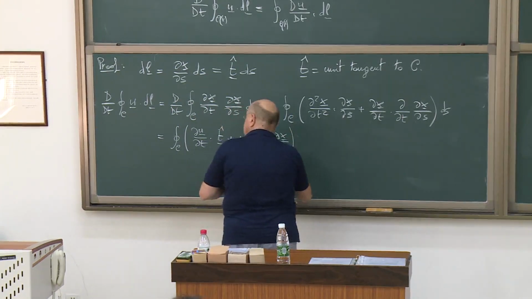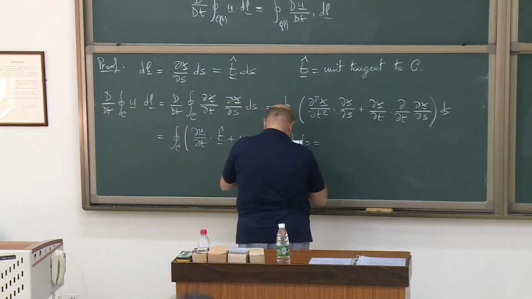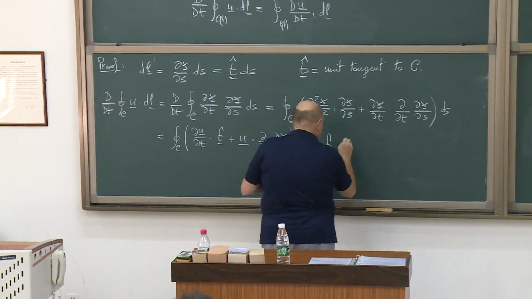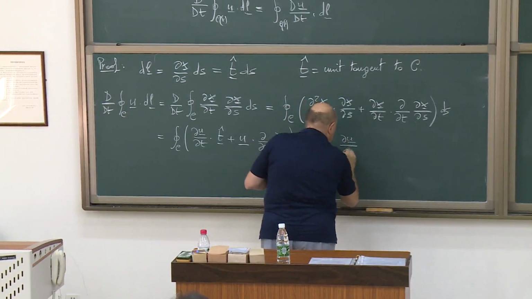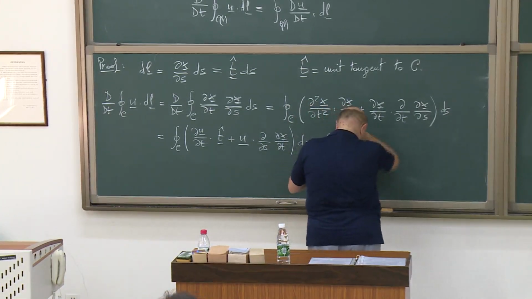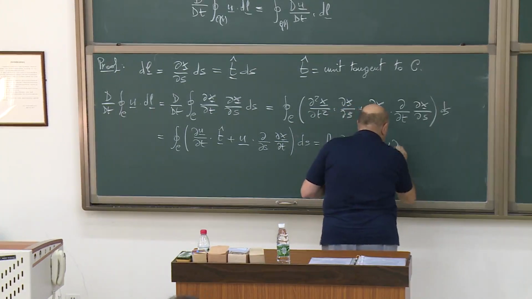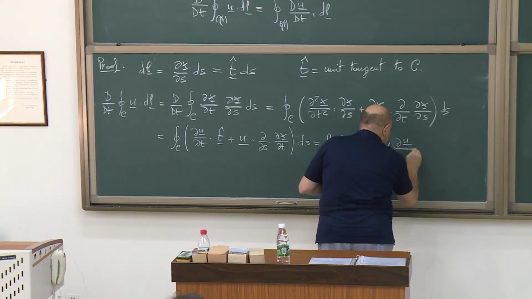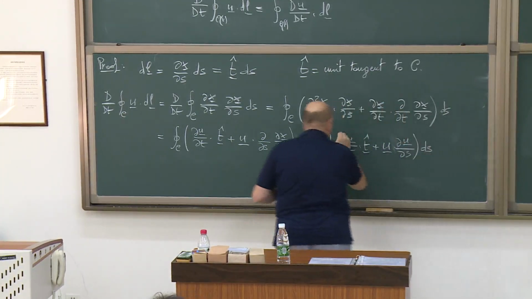And so we are here, d/ds of dx/dt in ds, and this is the integral of du/dt times the unit tangent plus u·du/ds in ds.